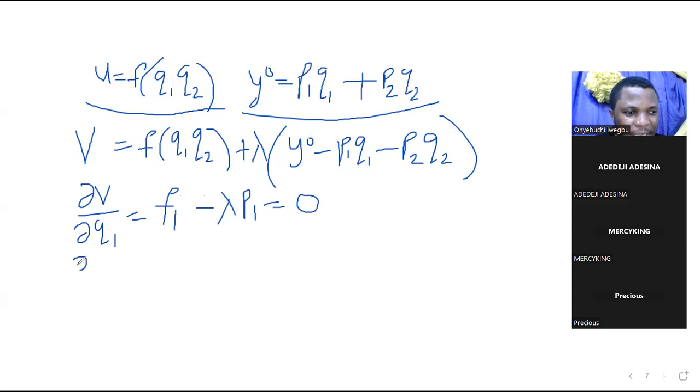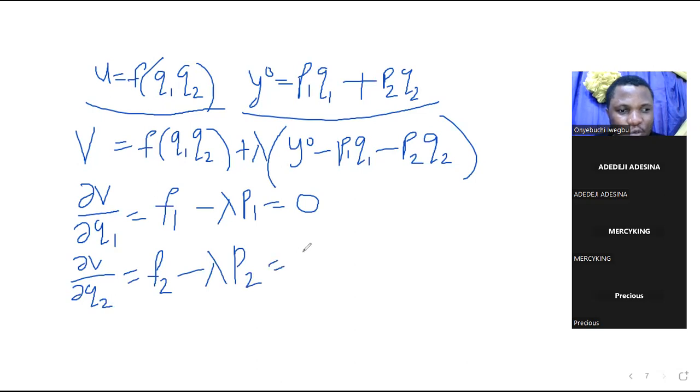Then I will differentiate V with respect to Q2. I believe you must have done this before. So refresh your mind. I will have F2. Don't worry, we'll do an example. You will see what is F1, what is F2. Minus lambda, if I differentiate this with respect to Q2, I will have minus P2 times lambda, that's minus lambda P2, equals 0.